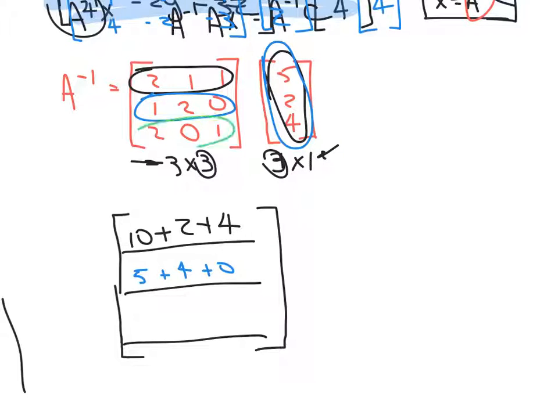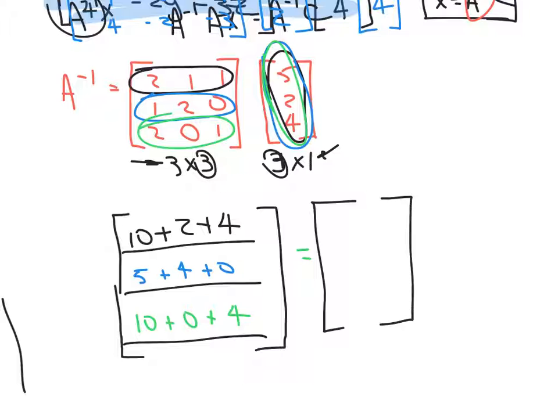And finally, third row, only column. Gives me 2 times 5 is 10. 0 times 2 is 0. 1 times 4 is 4. And then we end up with our matrix that has 1 column, 3 rows: 10 plus 2 plus 4 is 16, 5 plus 4 is 9, 10 plus 4 is 14.